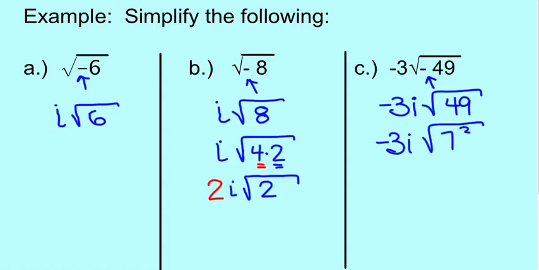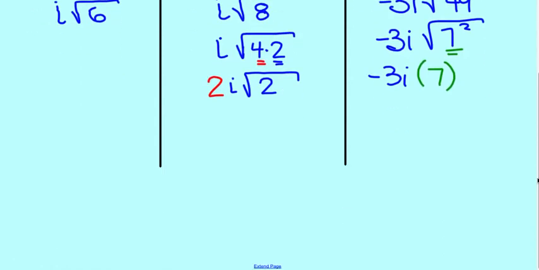So now I can take the square root of 7 squared, or the square root of 49, is 7. I'm going to multiply that with -3i. So we multiply like pieces together. We're going to multiply -3 and +7, which is -21, and then we just have that i. So our answer is -21i.